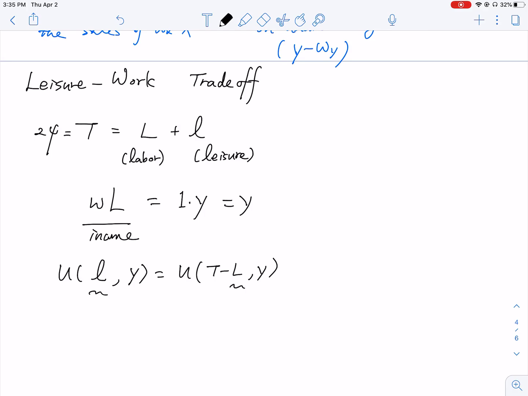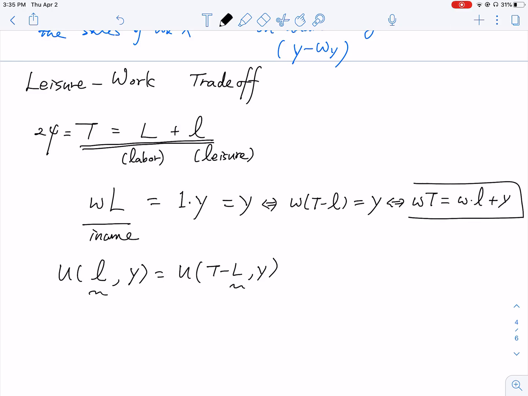If I rewrite the budget line, I can write it this way. I replaced capital L with capital T minus small l, and this can be rewritten as WT equals W times small l plus y. So what does it mean?